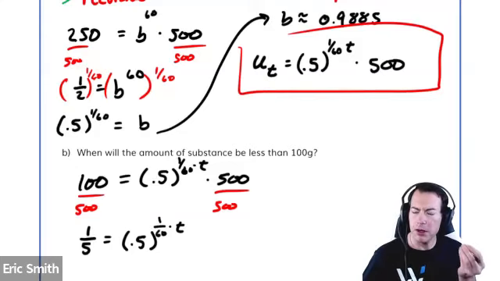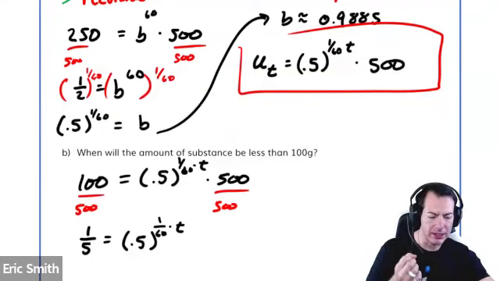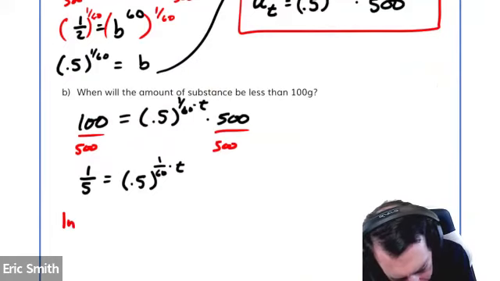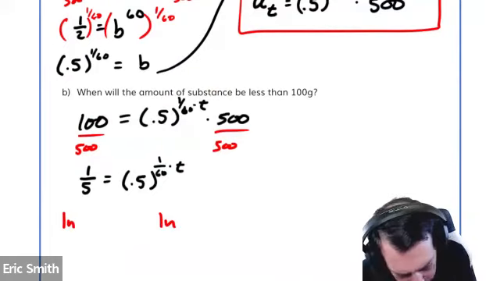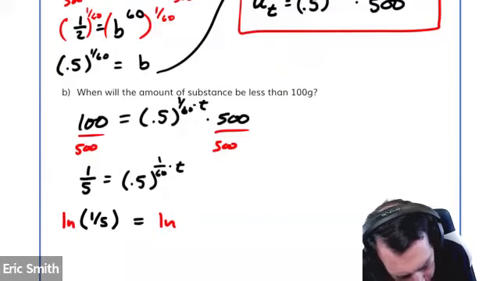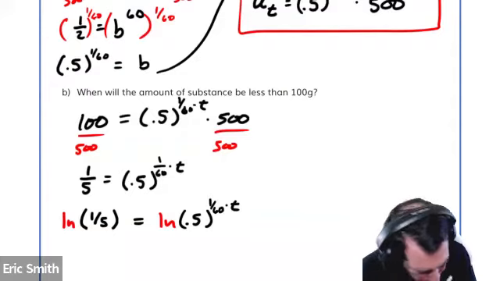The t, the part that we're actually looking for, is in the power. So I want to take the natural log of both sides to really bring it down out of that power. So natural log of the left, natural log of the right. So 1/5. So this is 0.5 raised to the power of 1/60th times t.